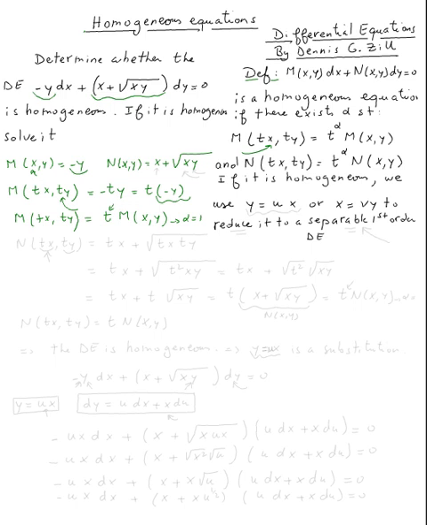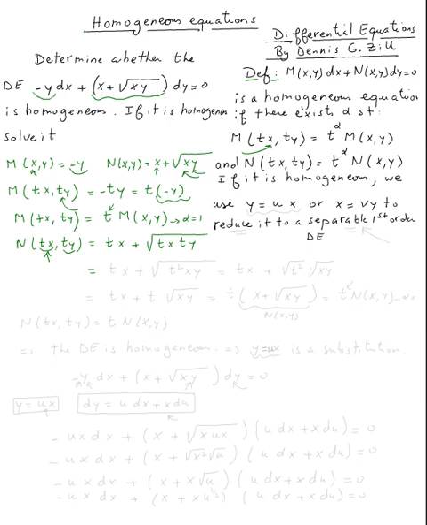Now let's check N of tx, ty. Looking here, x means the first coordinate, so that would be tx plus, and then square root of xy means this coordinate times this one, so tx times ty.